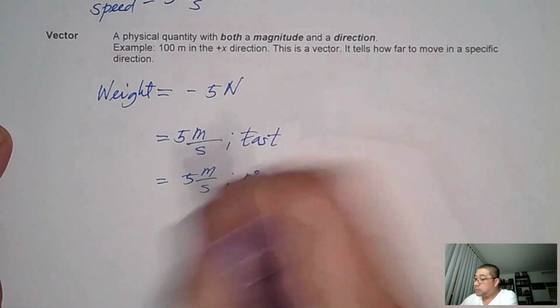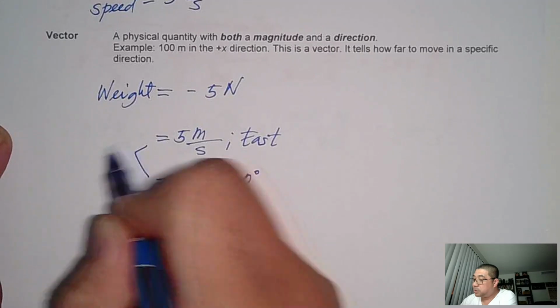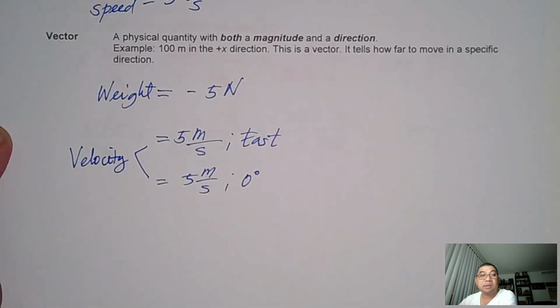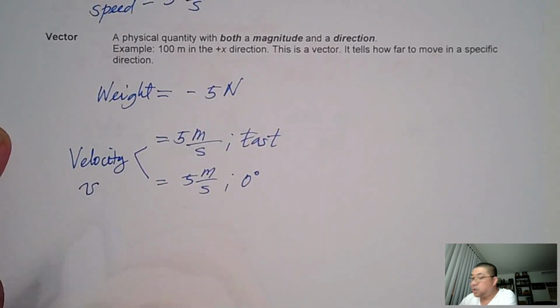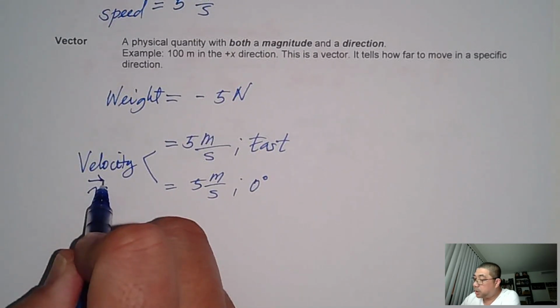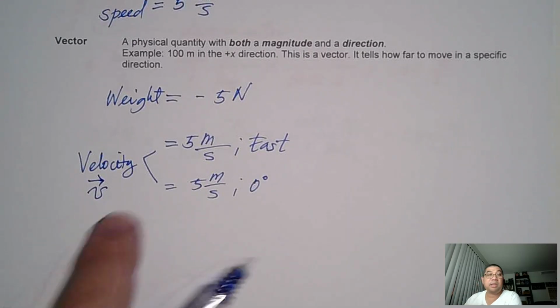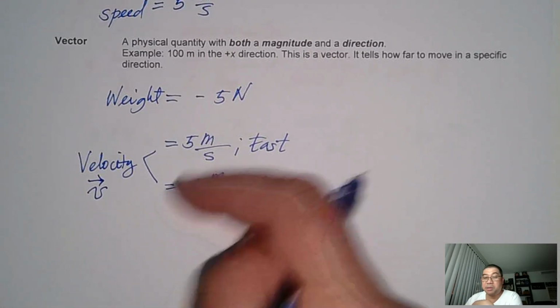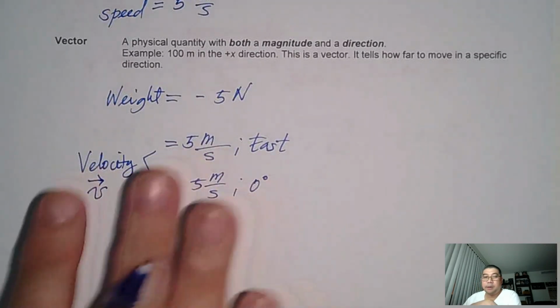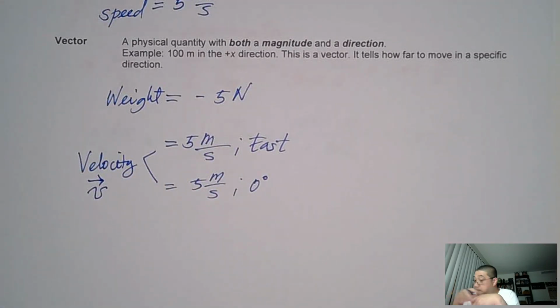These two values right here are called the velocity, which is denoted by an italic V with an arrow on top. But it doesn't mean that the arrow needs to point in the opposite direction just because it's negative. It's always denoted with an arrow going to the right, because our equation always points to the right side.